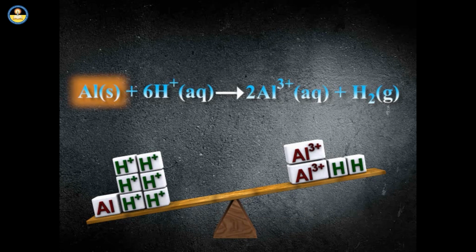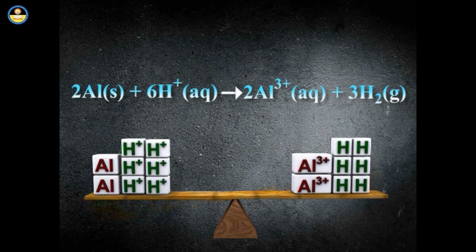Al(s) reacts with 6H⁺(aq) to give 2Al³⁺(aq) and H₂(g).